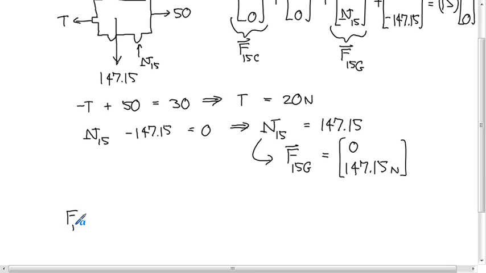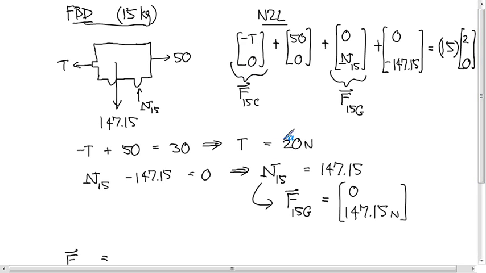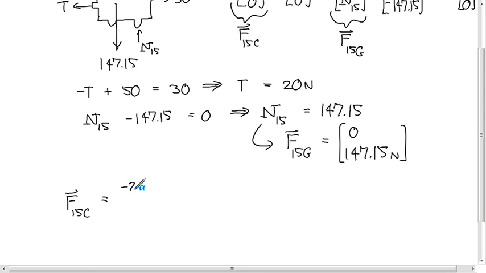So the force on the 15 by the cable is equal to, so the tension is 20 newtons, so it's going to be negative 20, 0. And you can think about that as equivalent. There isn't really a cable there, right? So you can also think about that as the force on the 15 by the 10.